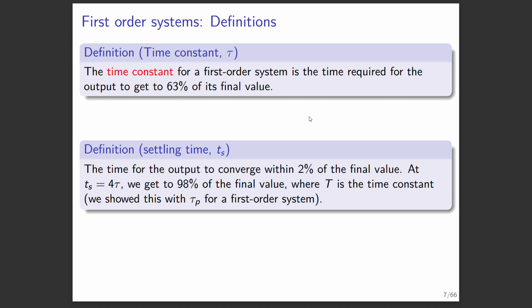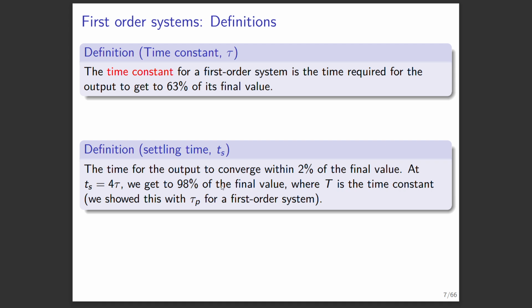Settling time for a first order system is defined as the time for the output to converge within 2% of the final value. So the simple way of saying it is that it's the time that we are almost sure that we reached the final value, the end of the story for this system.